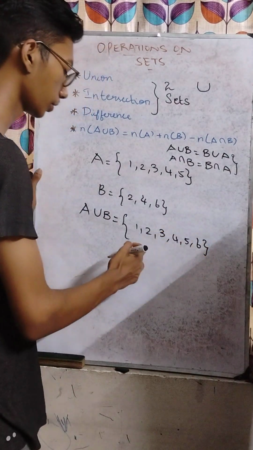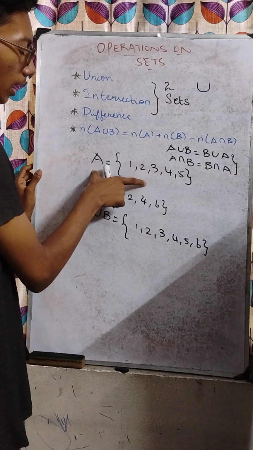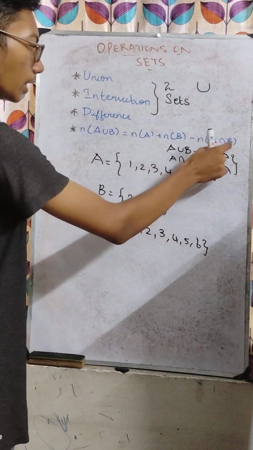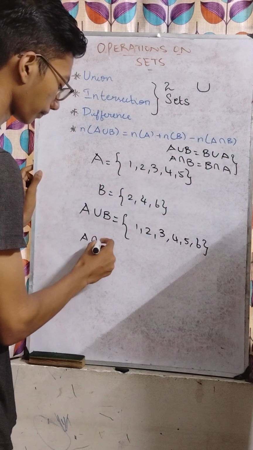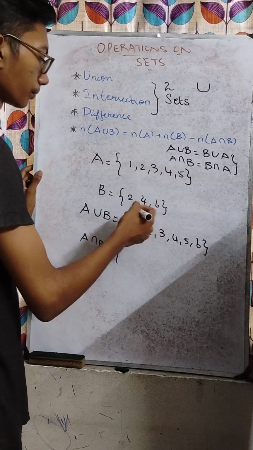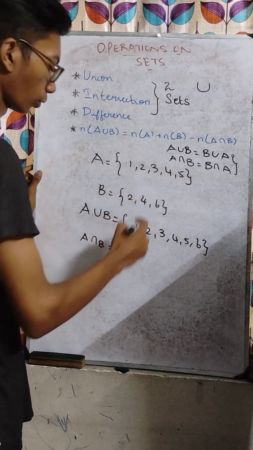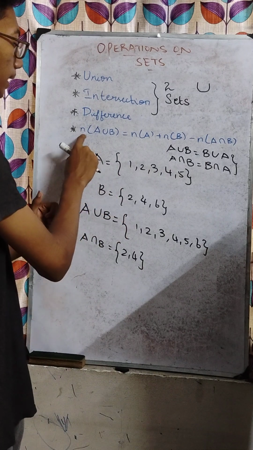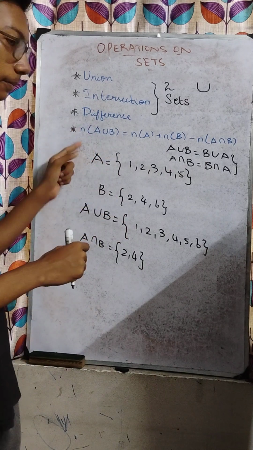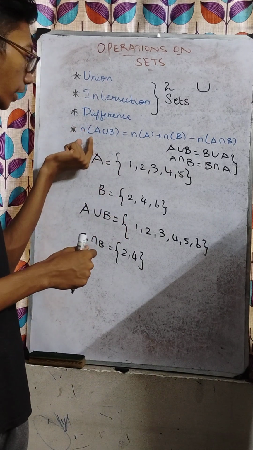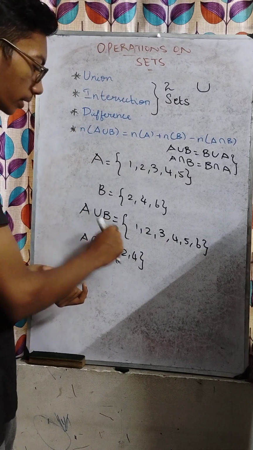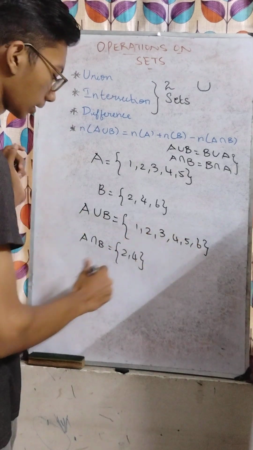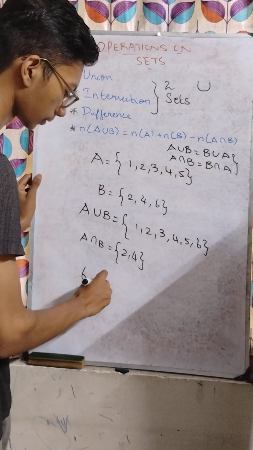A we have here, B we have here, and A intersection B, the common terms, is 2, 4. Now we come to the formula, n of A union B. Here n means the number of elements in A union B. How many elements does this have? It has 6 elements. So 6.